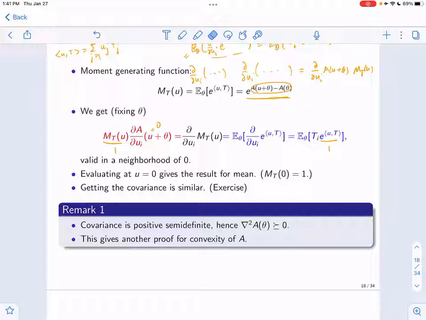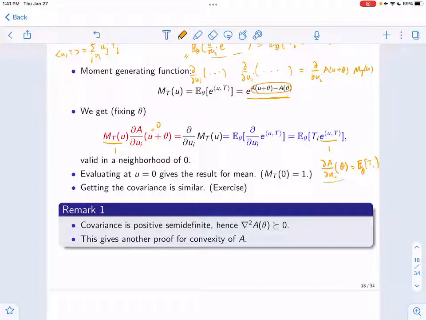So I get that the partial of A with respect to u_i evaluated at theta is the expectation with respect to theta of t_i.